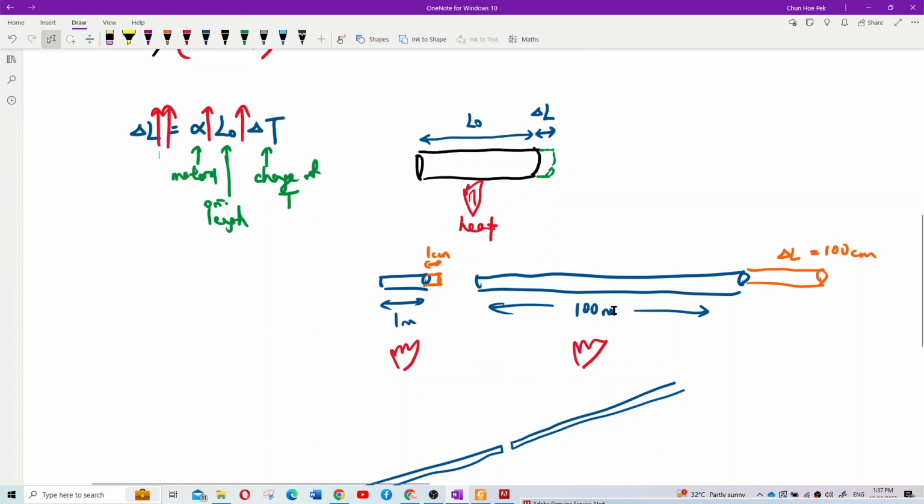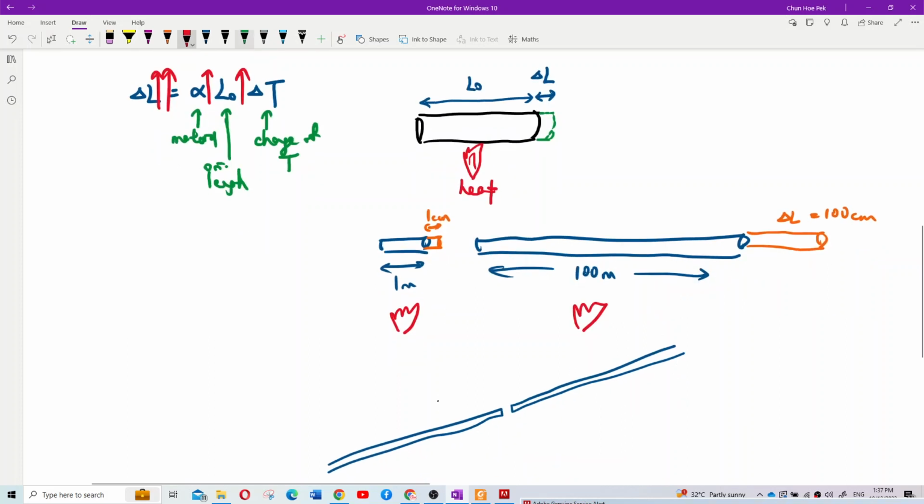It's more than 100 meter. For actually railway, how to spell railway?